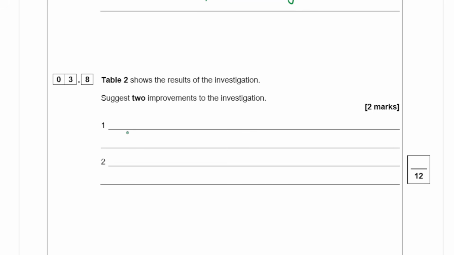Let's write that. Repeat at more distances. Between 0 meters and 10 meters.